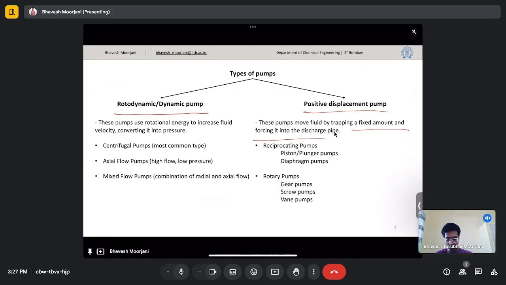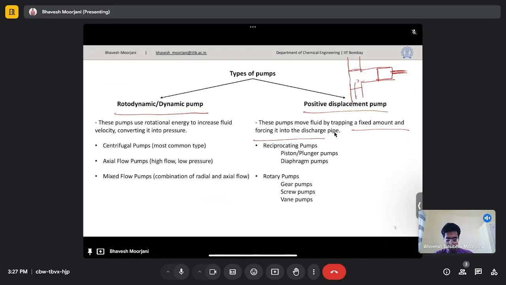So where we have this piston type system. So this is how it will look like. The fluid will come here. There are generally NRV valves, non-return valves, present in the suction and the discharge head.